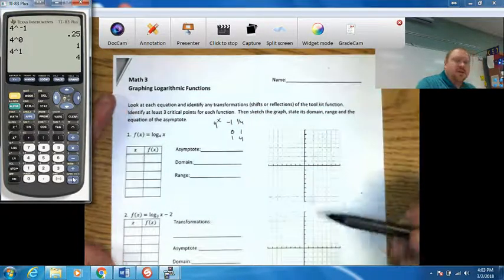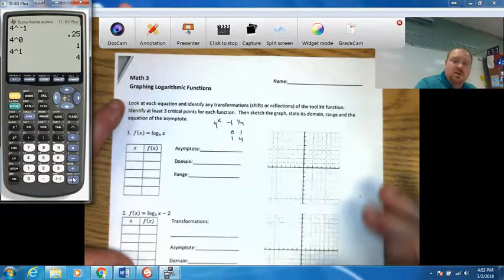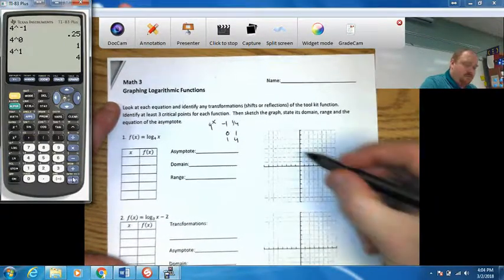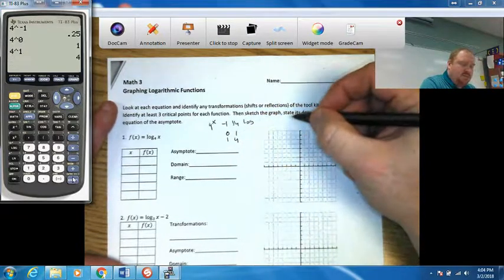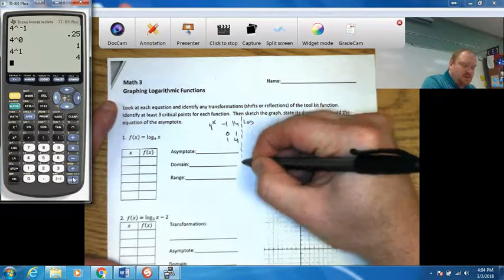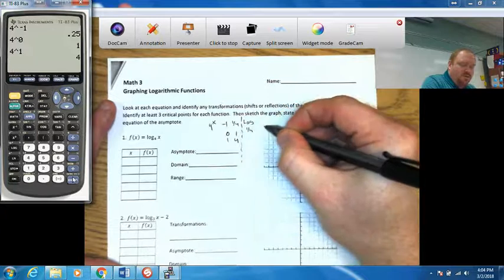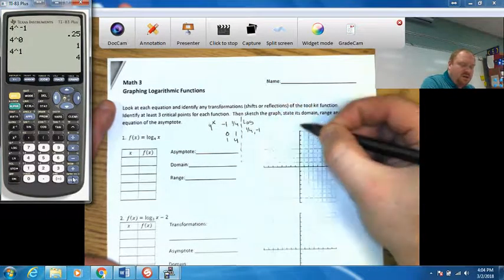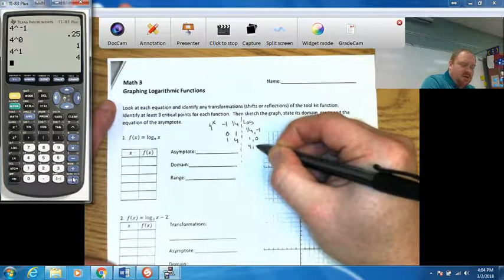Now, that's the exponential. I don't want the exponential. What I want is the log graph. So to get the log, all I'm going to do is flip these points. So these points become (1/4, -1), (1, 0), and (4, 1).